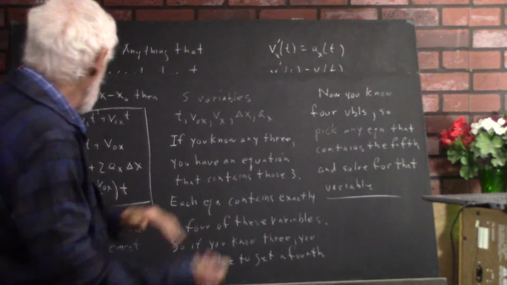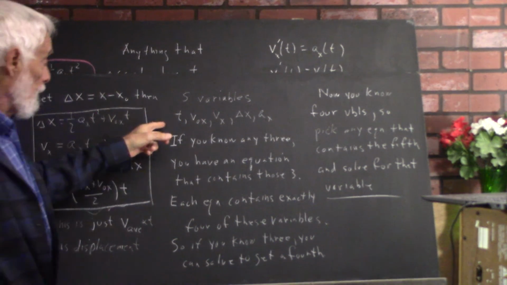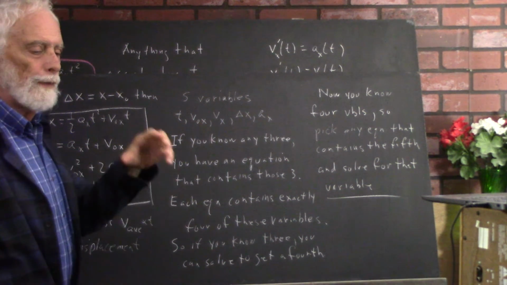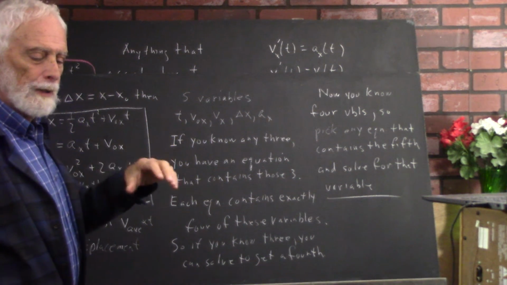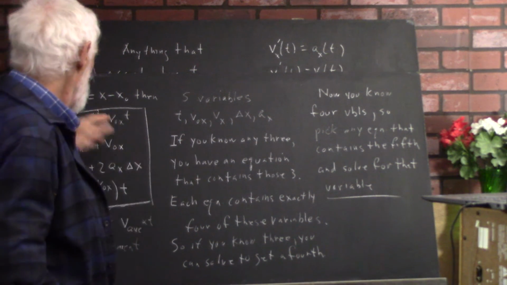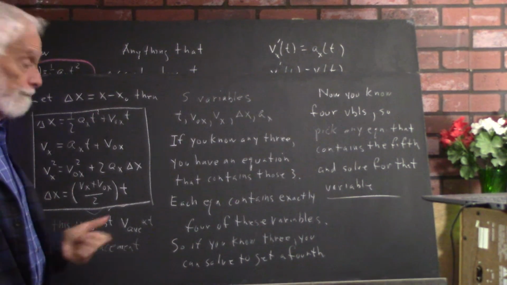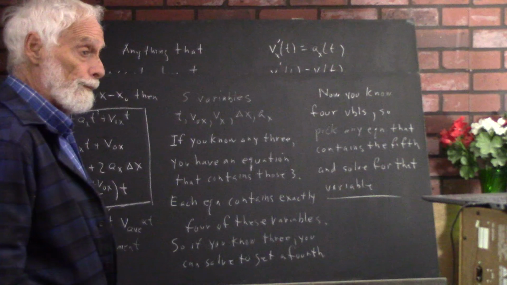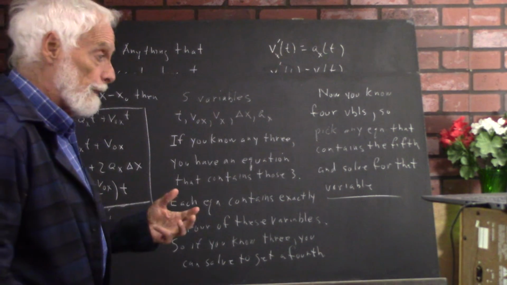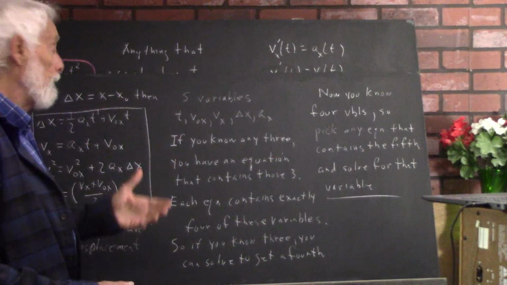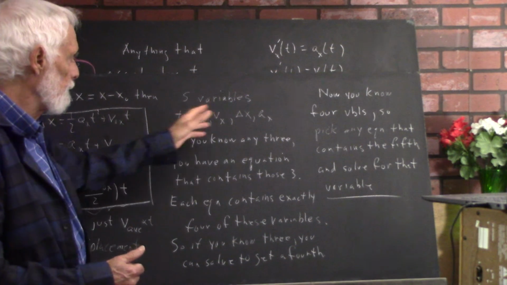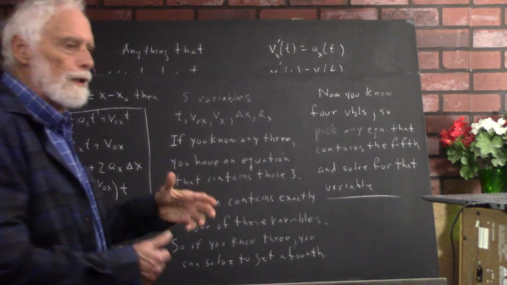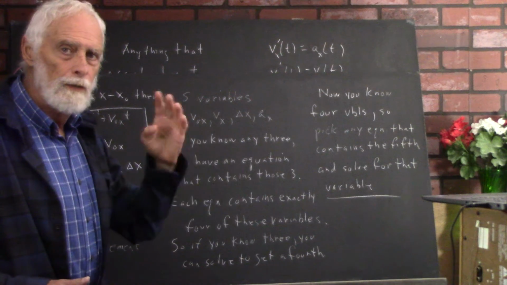I can't open this hand. Got chalk in it. Okay, 5 variables. If you pick any one of the 10 possible combinations of 3, you have an equation over here that has those 3. Now, each equation contains only 4 of these variables, which means that whatever equation you get, and sometimes there's more than one, for the combination of 3 variables that you choose, it's only going to contain 4 variables, so you can solve for the 4th variable.